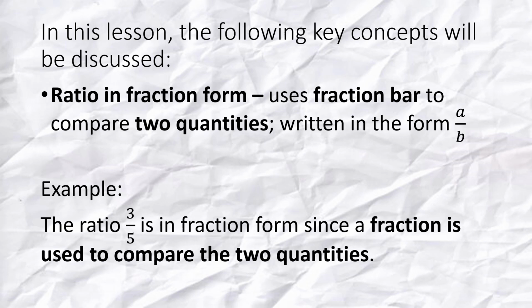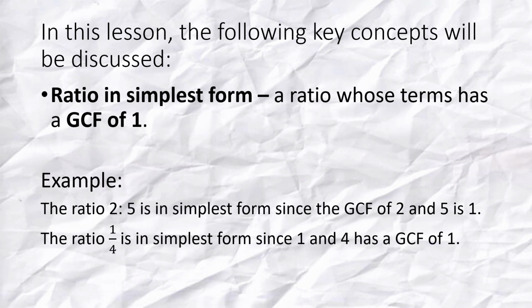It uses the form A over B, with a fraction bar, where A and B are the two quantities that are being compared together. For example, the ratio 3/5 is in fraction form since a fraction is used to compare the two quantities. So this is also called a ratio.